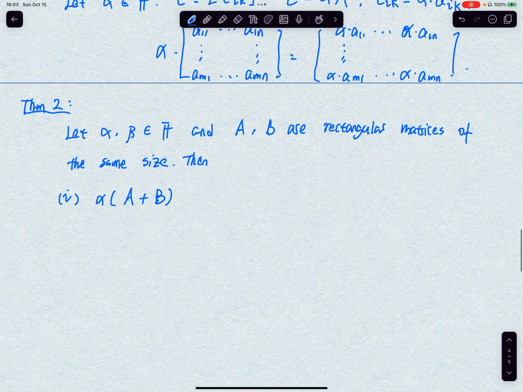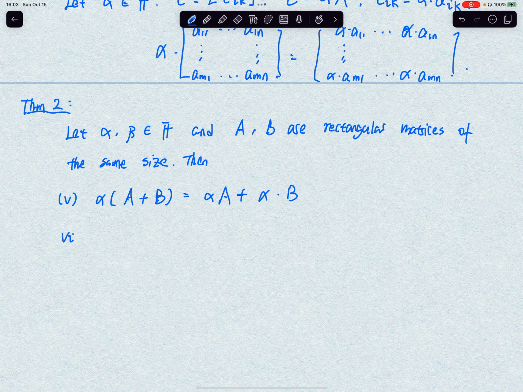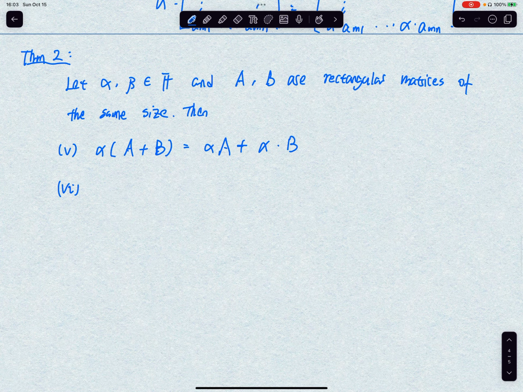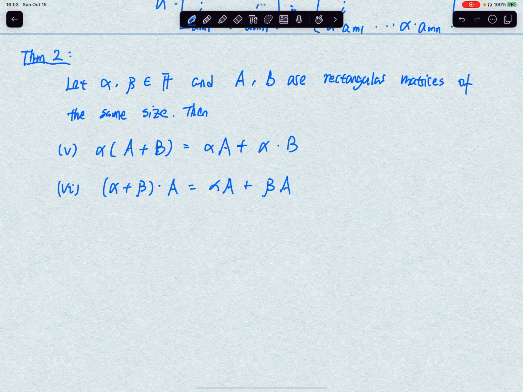So this is the fifth result: alpha times the sum of A and B equals alpha times A plus alpha times B. And next we have that alpha plus beta, the sum, times A equals alpha times A plus beta times A. And then we have that alpha times beta and then times A equals alpha times beta times A.